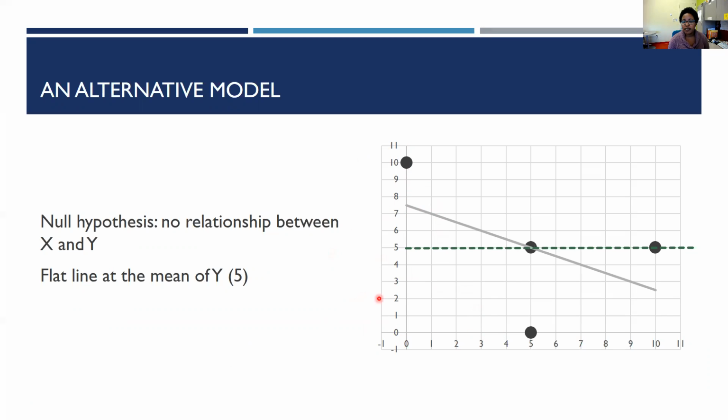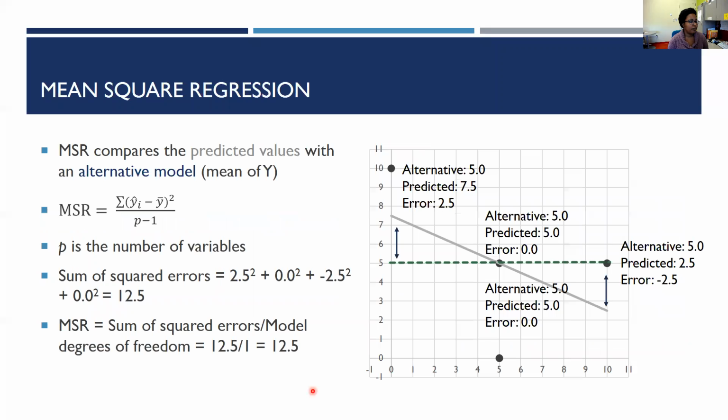So if we guess the mean for all 4 people and we plotted that across hours spent watching TV, what we would get is a flat line. So when we're talking about scatter plots and regression, when we are guessing an alternative model, it's going to be a flat line at the mean of y. So for this data, we're guessing that everyone got a score of 5 on the quiz.